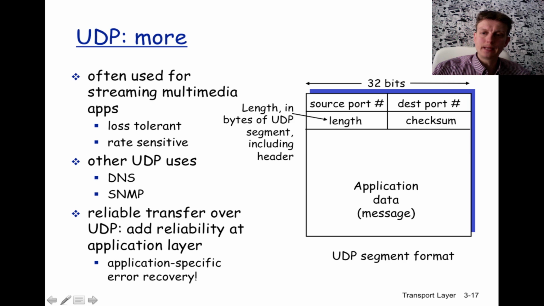What the sender does is treat the content of the entire segment as a sequence of 16-bit integers. And to compute the checksum, the sender computes a so-called one's complement sum of the segment contents. And this I will show you on the next slide.